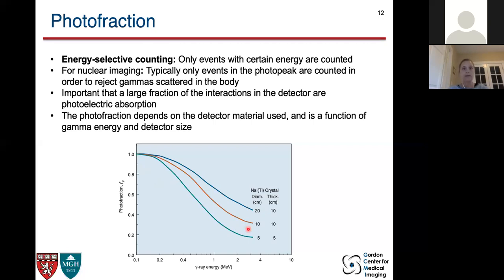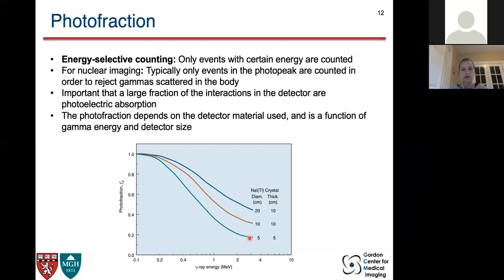And the detector size can be used to somewhat compensate for this, because if we have a larger detector, we increase the probability that a photon that is quantum scattered will undergo photoelectric absorption before escaping the detector. And if that happens, we would still have the full energy deposited in the detector, and the event will end up in the photopeak.